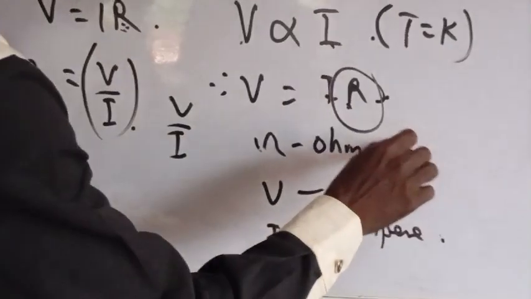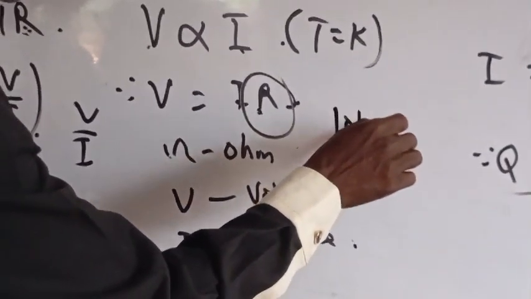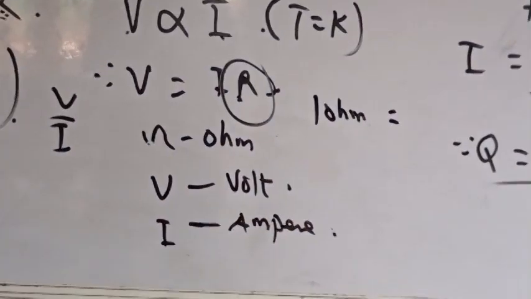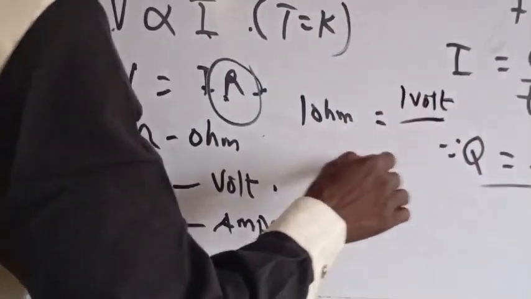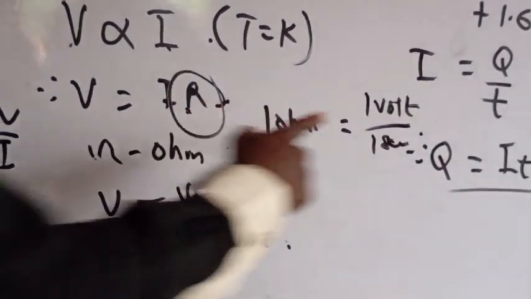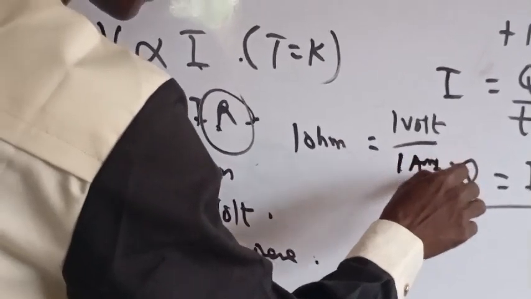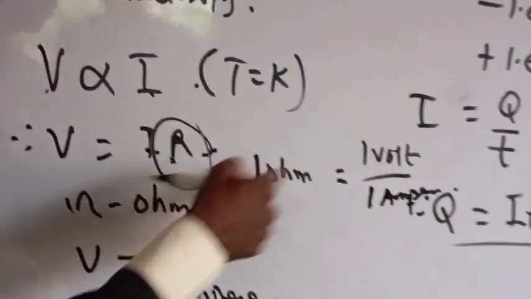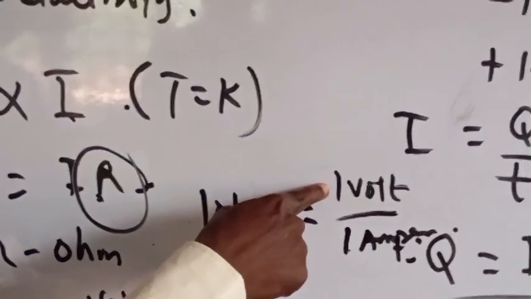Take note. 1 ohm is equal to 1 volt over 1 ampere. Sorry, over 1 ampere, not second. 1 ohm is 1 volt over 1 ampere.